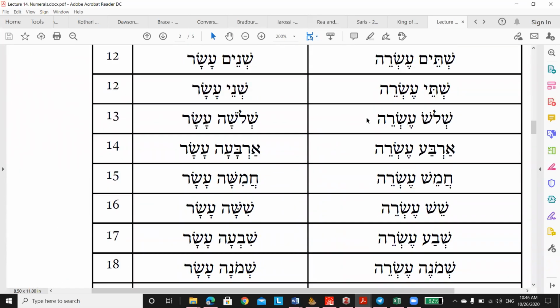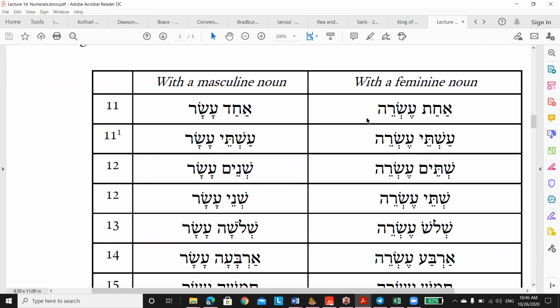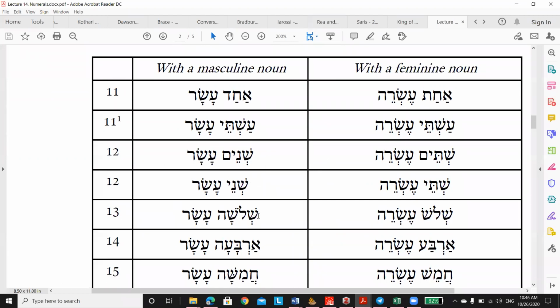Okay, let's go back to this one. So we do not divide it. Like for example, 12. Shenem asar. Shene asar. It's also possible. Yes, it's like construct.